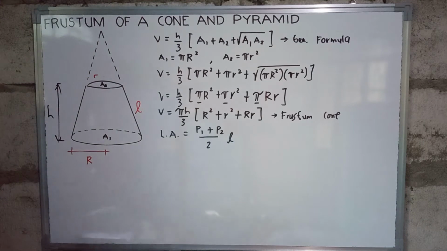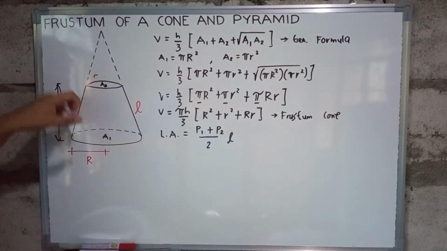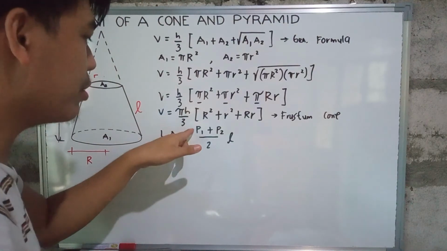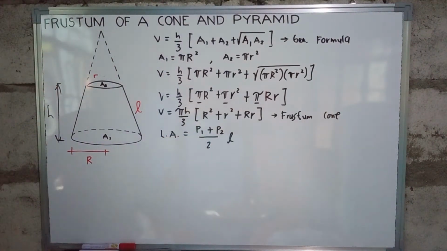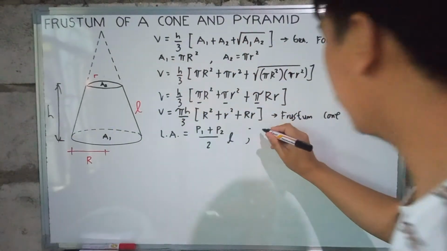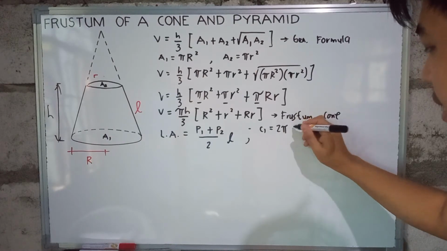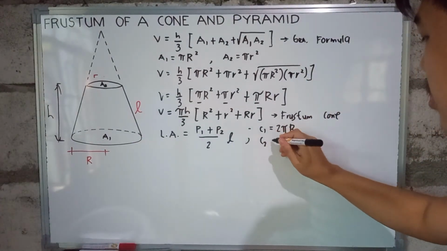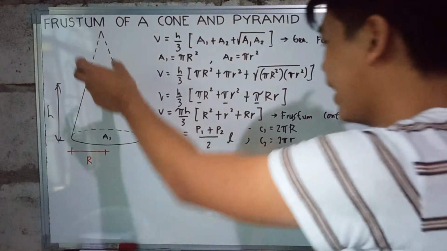So substituting, since yung perimeter ng cone natin, perimeter ng circle natin is circumference, so solve natin yung mga circumference. So this will become C1 plus C2 all over 2 multiplied by the slant height. C1 is equals to 2 pi capital R. C2, 2 pi small r, yung nasa taas.